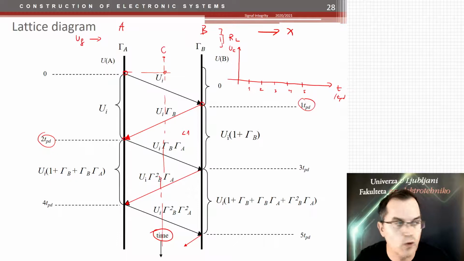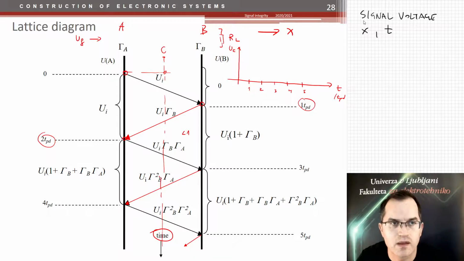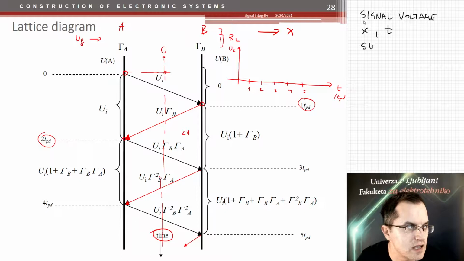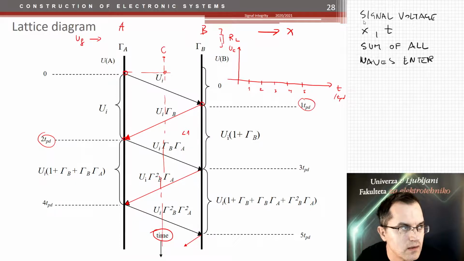The signal voltage on a certain position x in time t on that transmission line is a sum of all waves entering x and t from time 0.